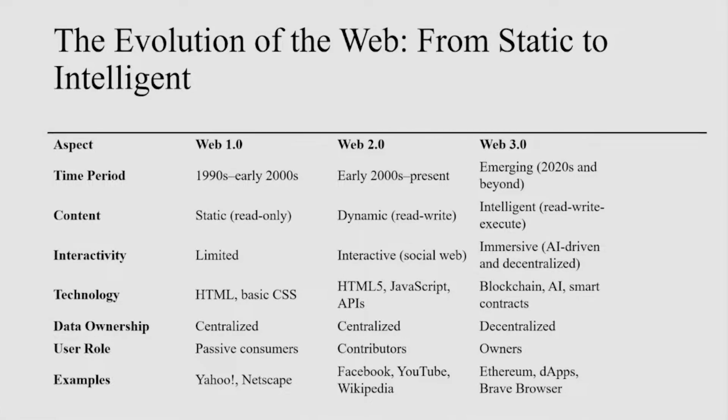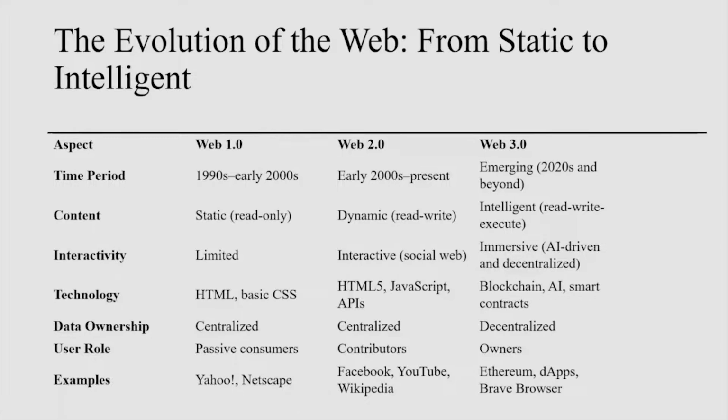As for the user role, for Web 1.0 they are passive consumers, but for 2.0 they can contribute and post some data. In Web 3.0, they can develop their own application and be the owners, because it is decentralized. You will be the server as well as the client.